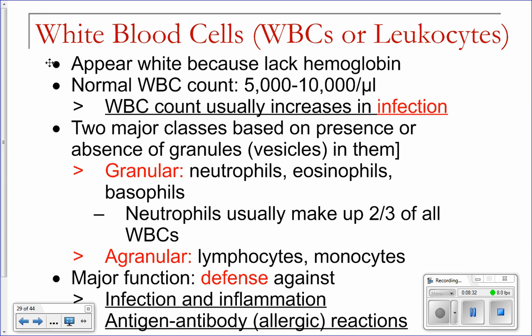Okay. So the granular types of white blood cells are the neutrophils, the eosinophils, and the basophils. And neutrophils make up about 2/3 of the granular white blood cells. Okay. Agranular are lymphocytes and monocytes, and we'll talk more about all of these different things and what they do.